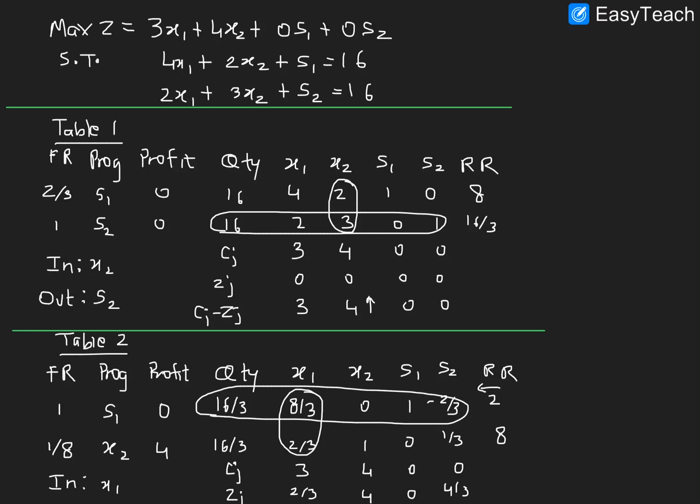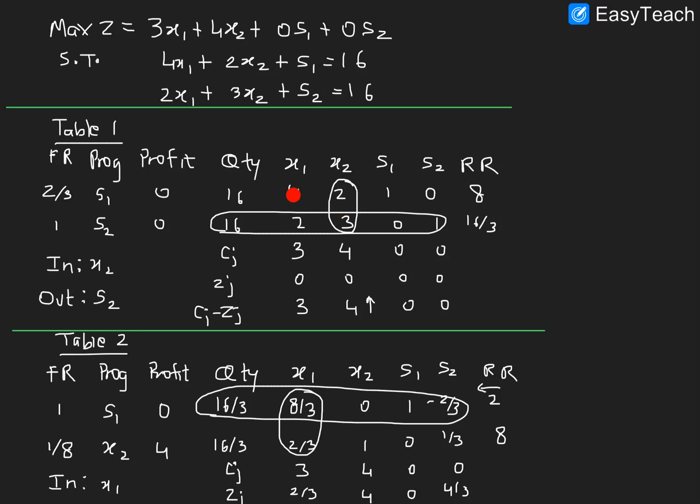The current situation was 0 units of x1 and x2, but in simplex we always start with the slack variables, and since we were not producing anything, all the resources were idle, so 16 units were idle, profit 0, and then we prepared this. As we have discussed earlier, program column s1 and s2 idle resources, 0 profit, 16 quantities.